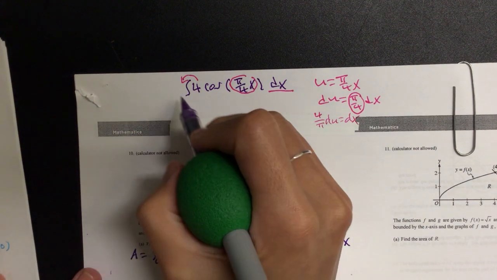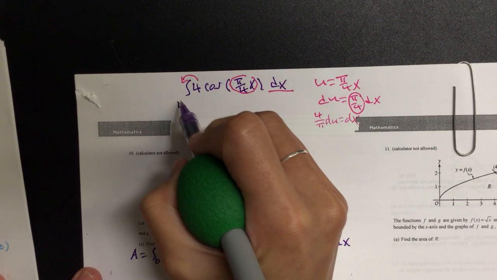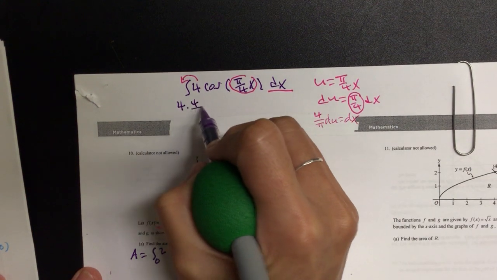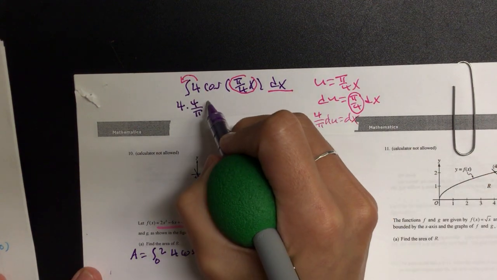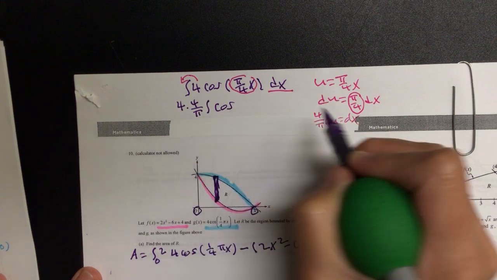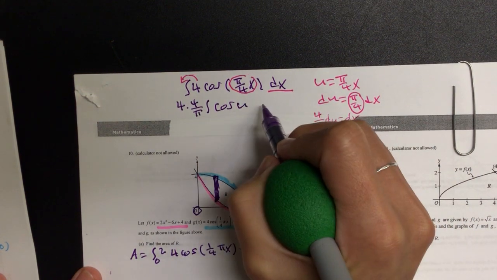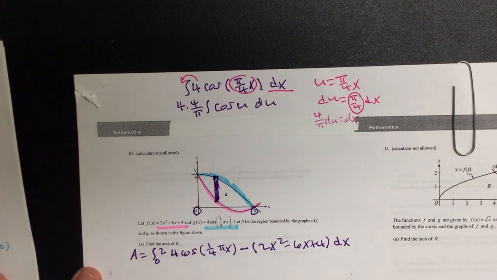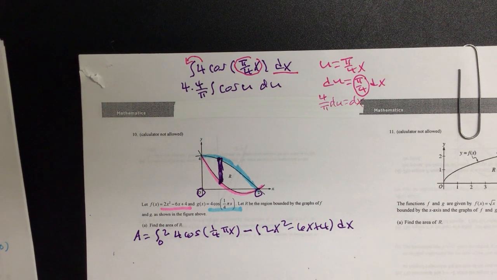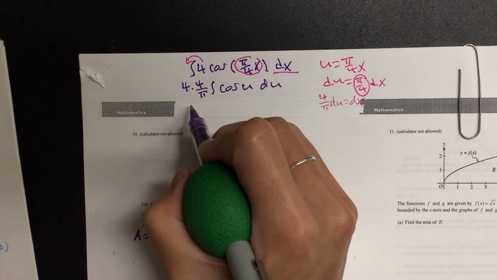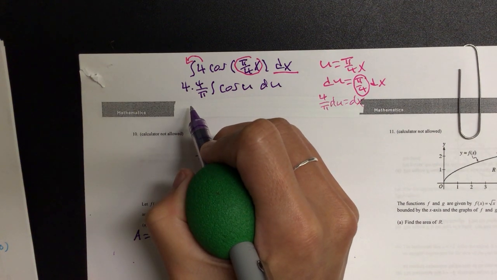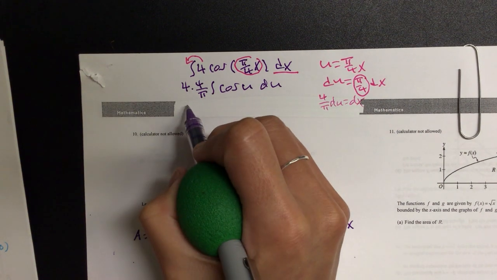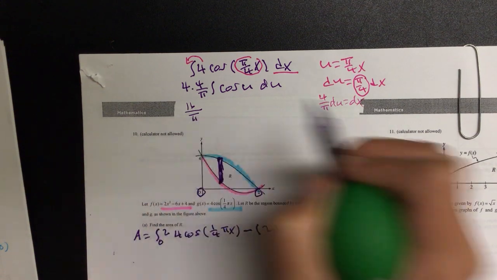So let's substitute that in. 4 is going to come out. 4 over pi is also going to be out. Integrate cosine of u du. Okay, when I integrate cosine of u, what does that give me? Sine.